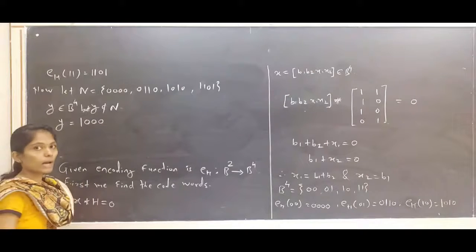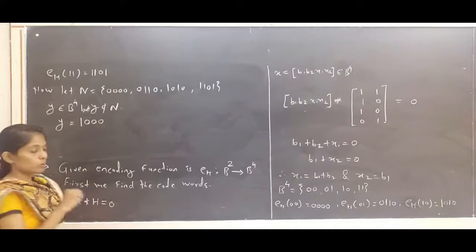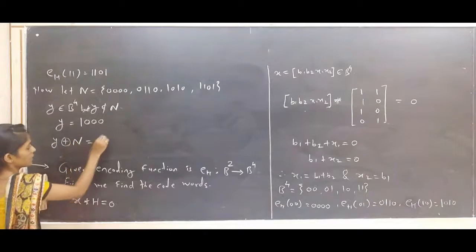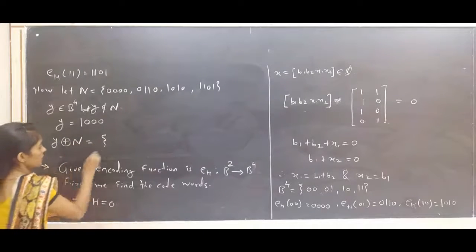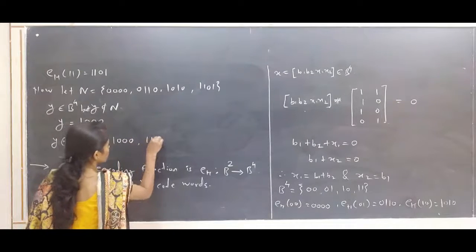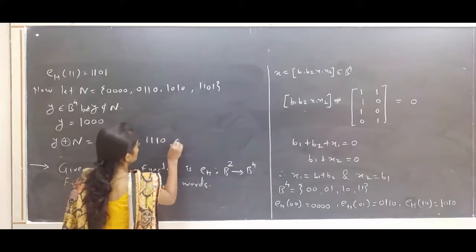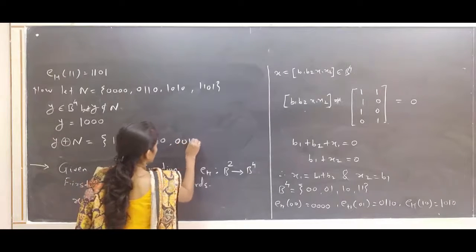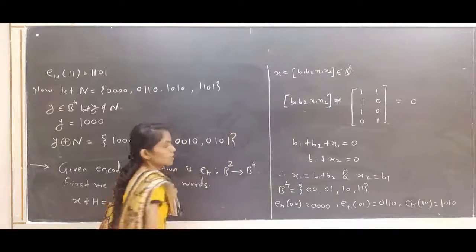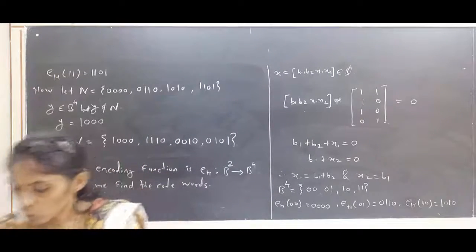So this is y. Now we find the left coset, y ring sum N. So we get 1000, then 1110, then 0010 and 0101. So we get this coset.